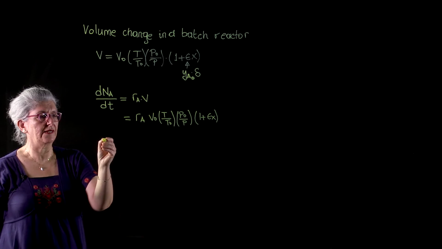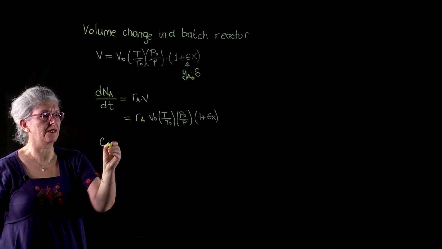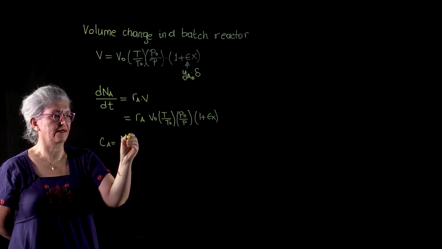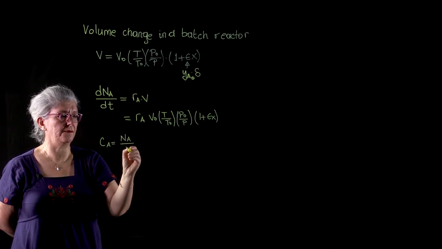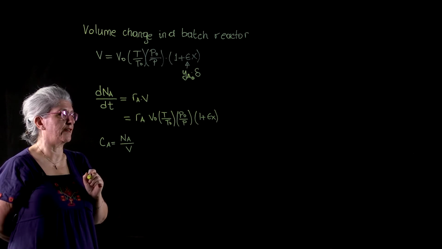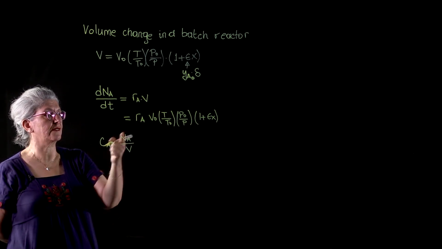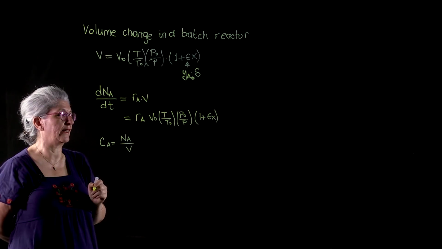Remember that we were writing Ca as Na over V. Let us derive our expression for concentration instead, because we will need concentration in RA as well.